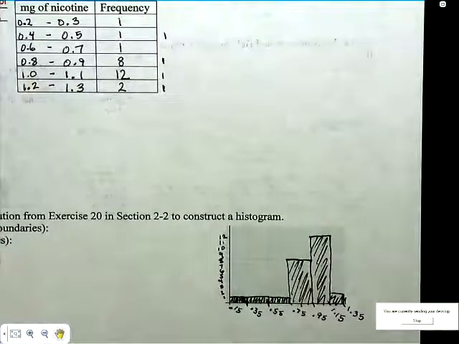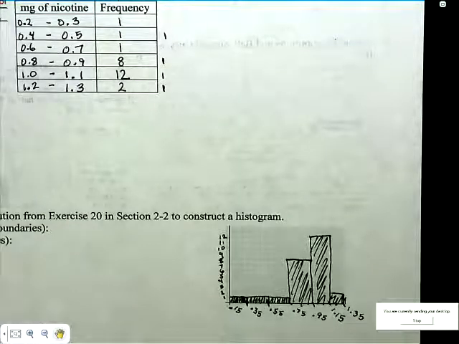So if you're a numbers person, you can look at the frequency distribution table. If you're a picture person, look at the histogram. Both of them confirm that most of those 25 cigarettes, and I don't know if those 25 brands are representative of the entire population of cigarettes or not. I don't know how they were chosen.